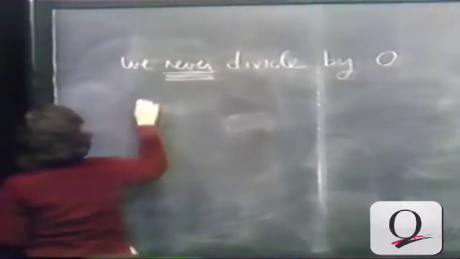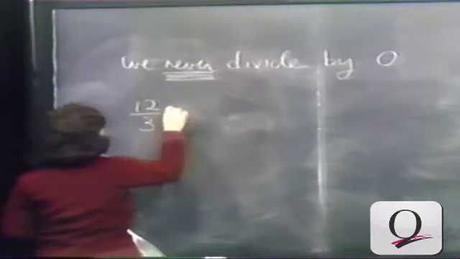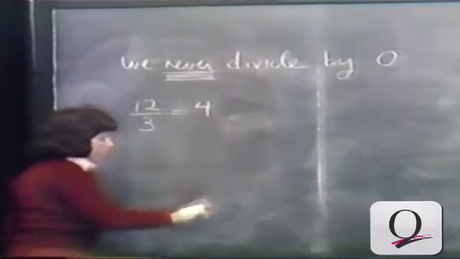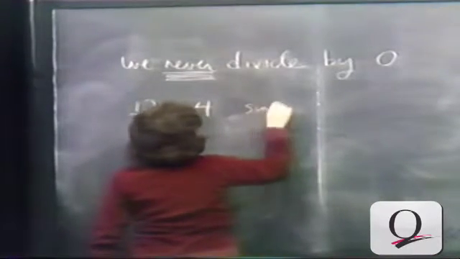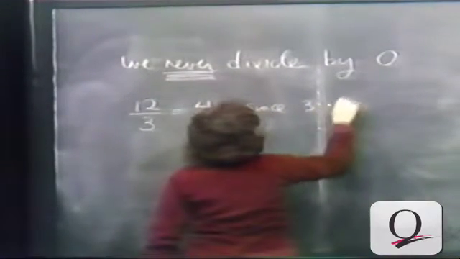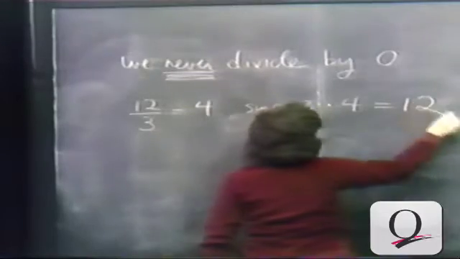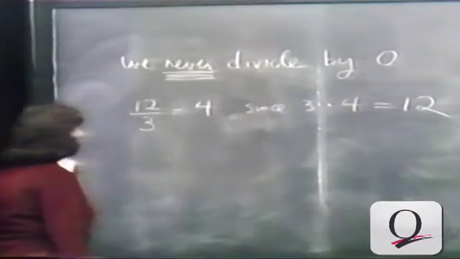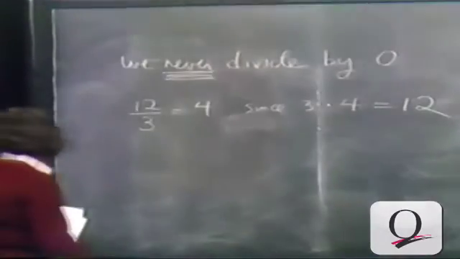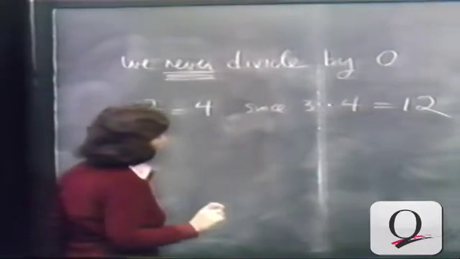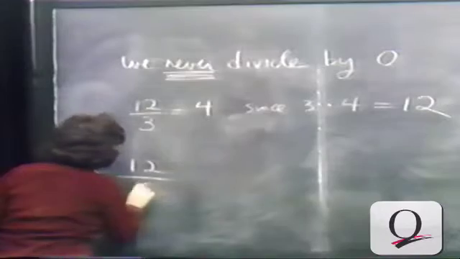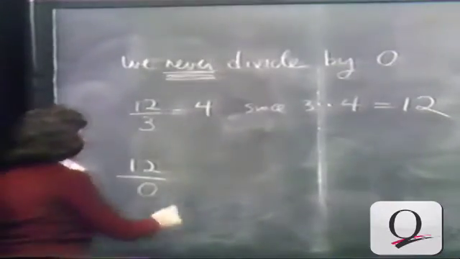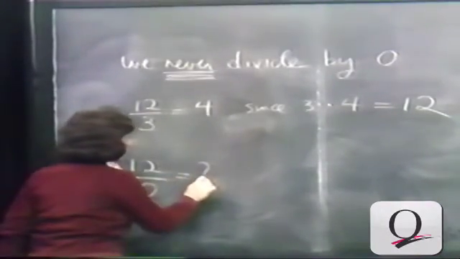If you have 12 divided by 3, the answer is 4. And as a check on this, we say 3 times 4 equals 12. In order for division by 0 to make sense, we'd have to be able to make sense of the following problem. 12 divided by 0 would have to be something.